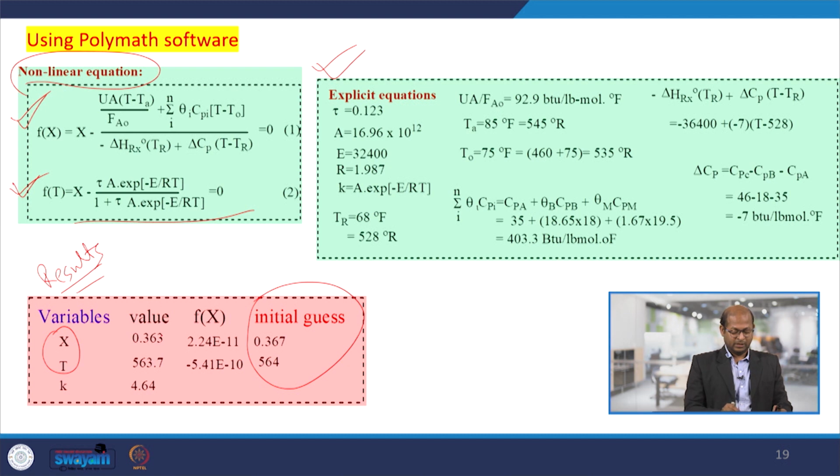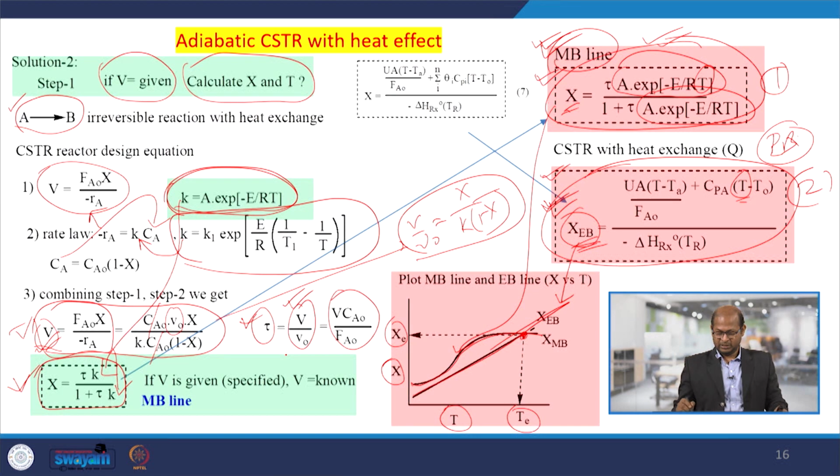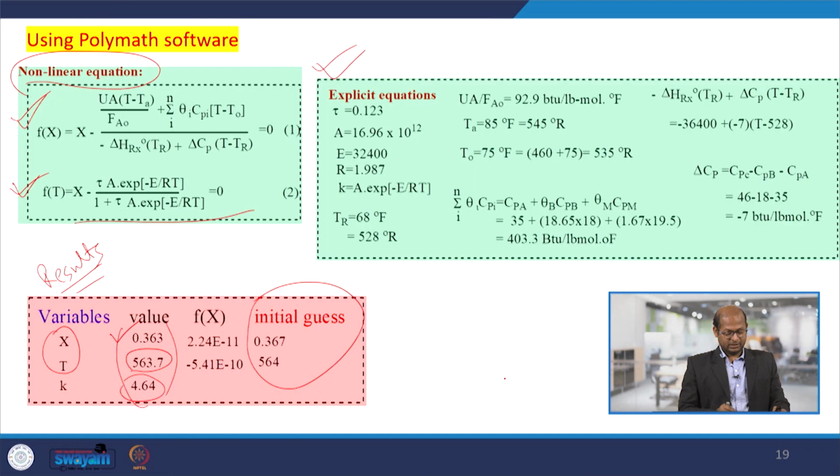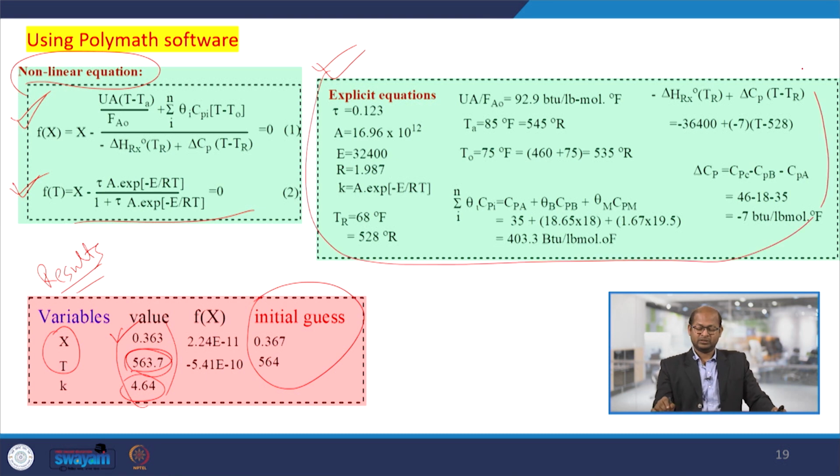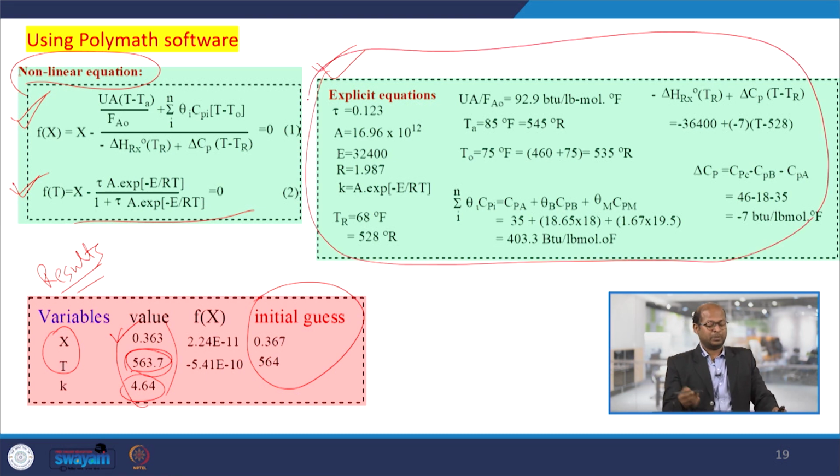This is the conversion 0.363, and at this temperature the reaction rate constant value will also come. Here the point is x of 0.366 and the corresponding temperature is 563. The explicit equations or component values we have to supply with these nonlinear equations.